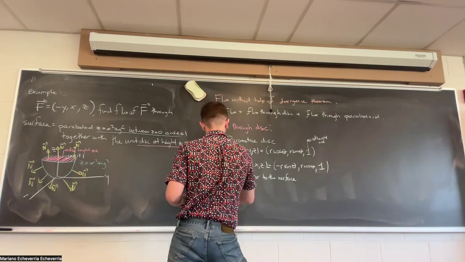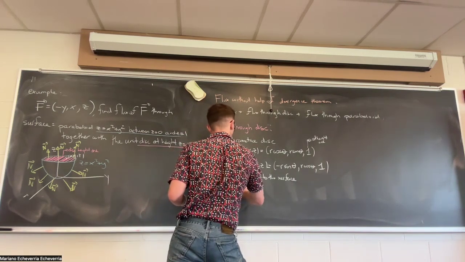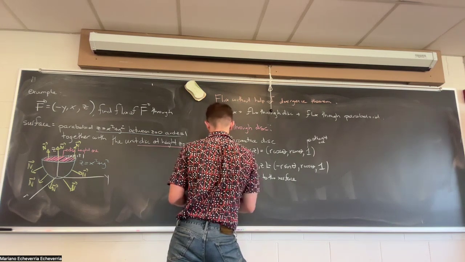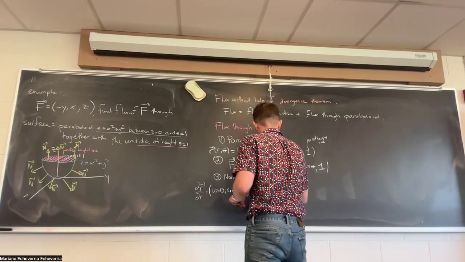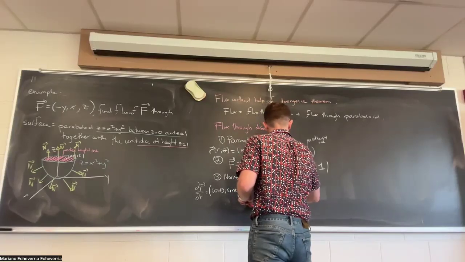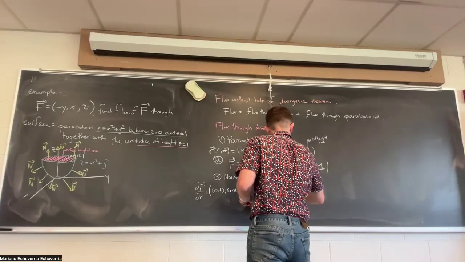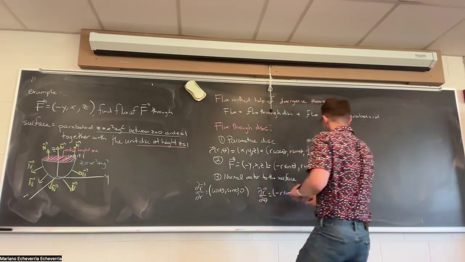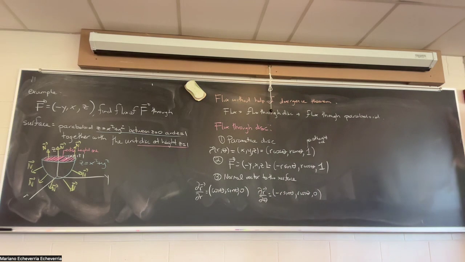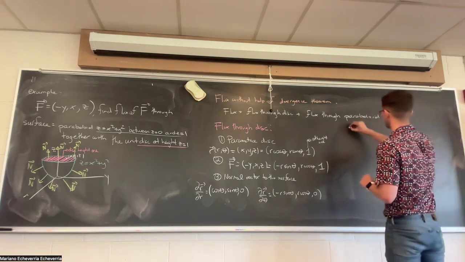You get cosine of theta, sine of theta, 0. And the derivative with respect to theta is minus r sine of theta, r cosine of theta, 0. So the normal vector is the cross product between these two.